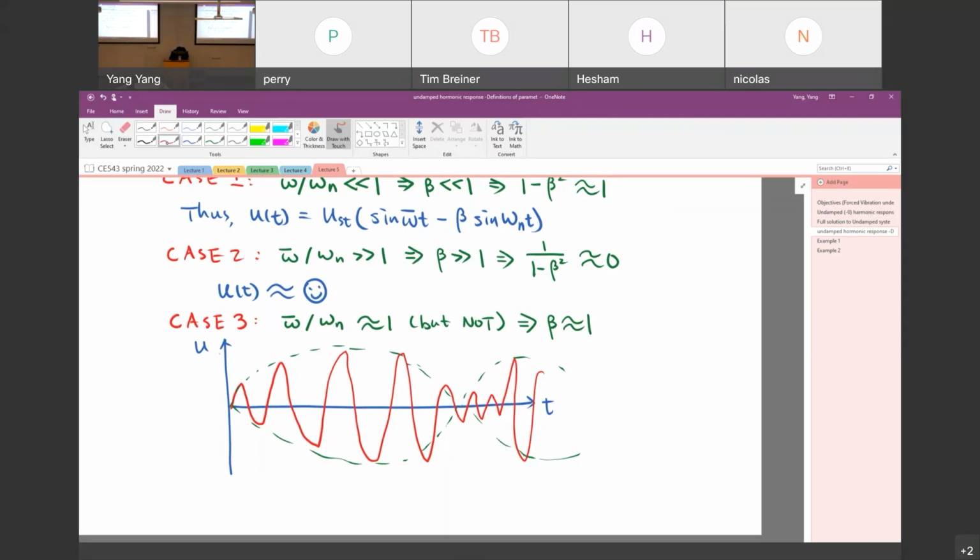So the maximum displacement here. That's equal to omega n. Beating frequency here.